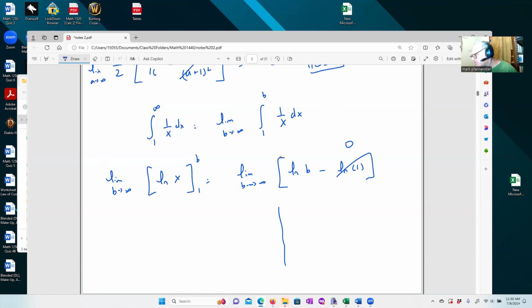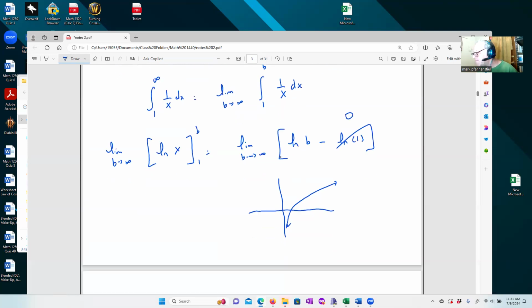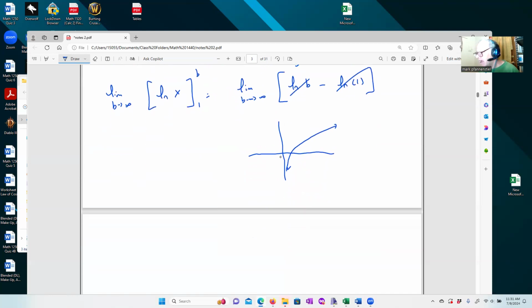Remember what the graph of natural log looks like? Looks something like this. So as b is going off to infinity, this is getting bigger and bigger, slowly, but it's still getting bigger and bigger. So the natural log of b goes off to infinity. So we would end up saying we have divergence.